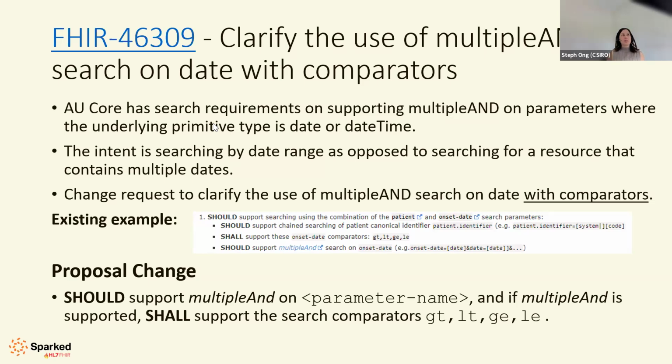So the change request is to clarify that usage. The existing example shown is from the condition profile in the section about search parameters, but it will also affect other artifacts where date-related search parameters are specified, which include encounter, immunization, medication request, observation, patient, and procedure profiles.